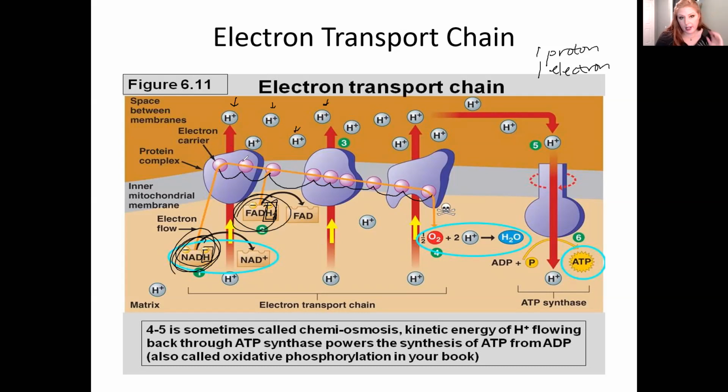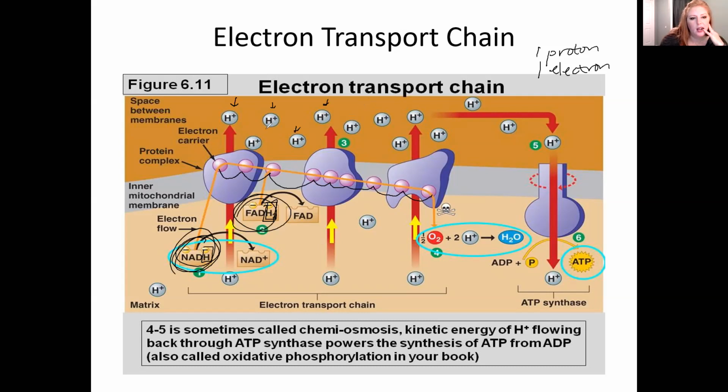To look at the proton gradient, we have to look at diffusion again, remembering that molecules like to go from where it's really crowded to where it's less crowded, flowing down a concentration gradient when they do that. Well, we have the energy given off by these electrons being used to push hydrogen protons from the inside of the mitochondrial membrane to the outside.